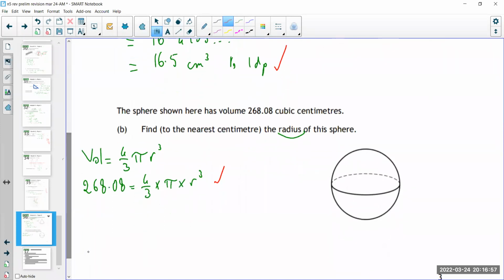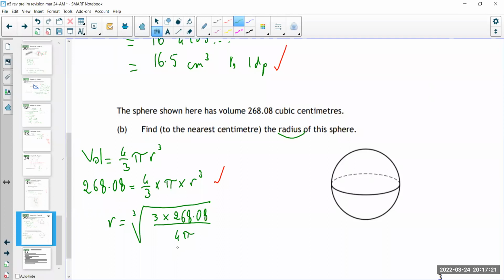Then r is just the cube root of 3 times 268.08 divided by 4 pi.